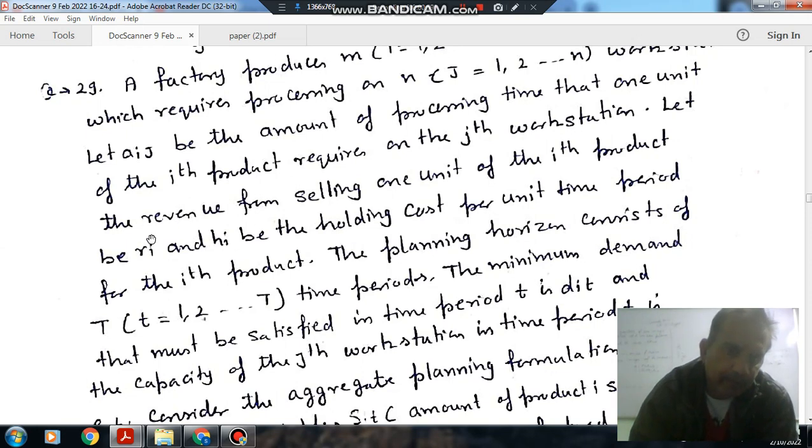Let the revenue from selling one unit of the ith product be Ri, and Hi be the holding cost per unit time period for the ith product.